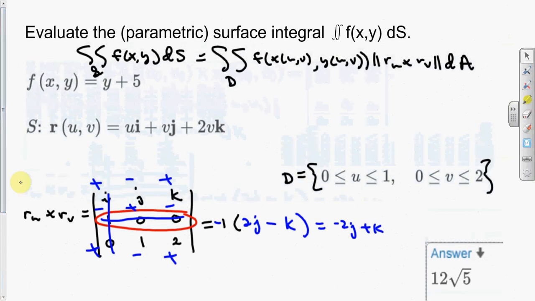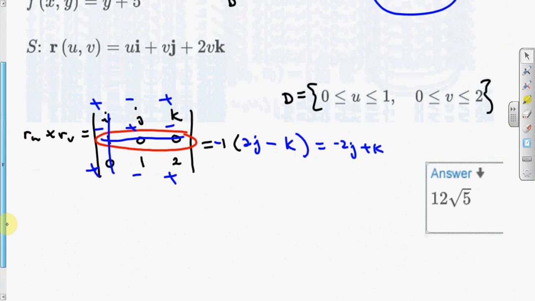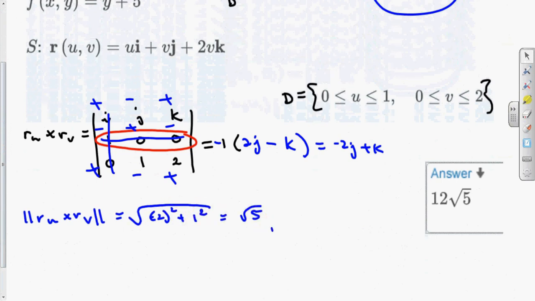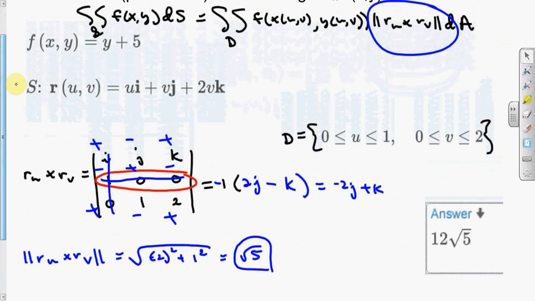But here I need the magnitude of it. I've got to find that norm. So here, the norm of r sub u crossed with r sub v is equal to the square root of that negative 2 squared plus 1 squared. You get the square root of 5. Now I have to define this f with respect to r.